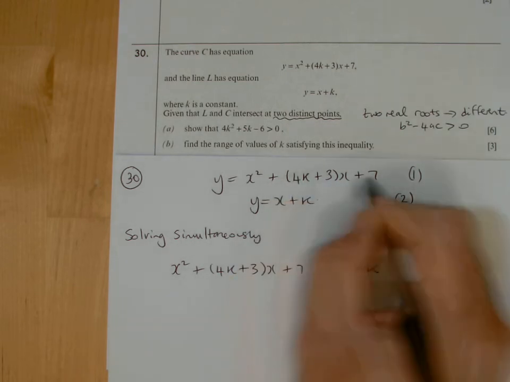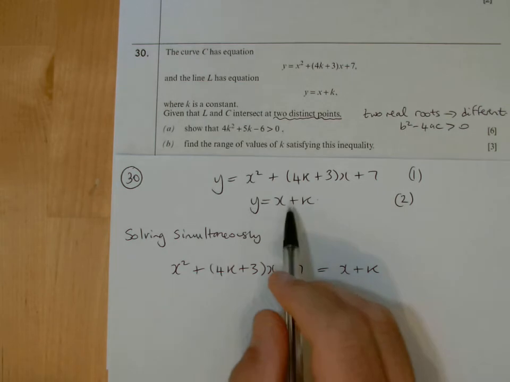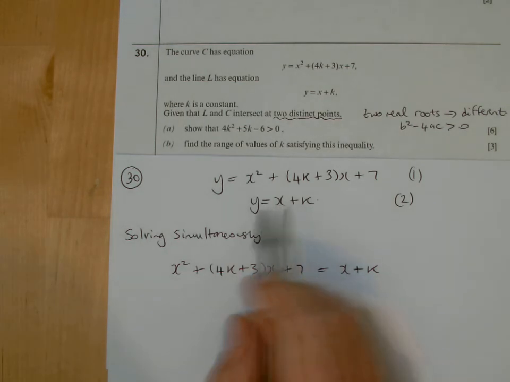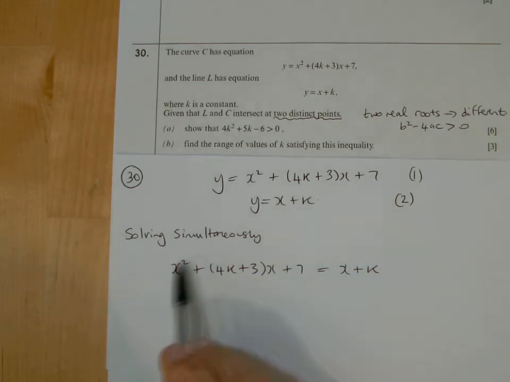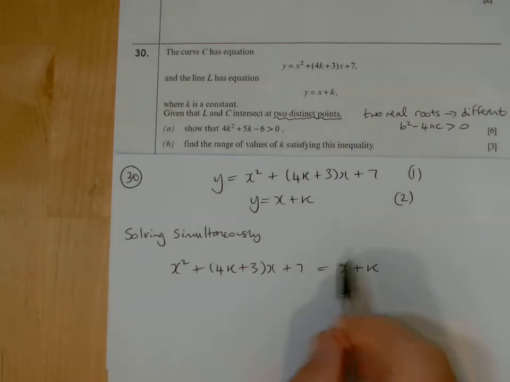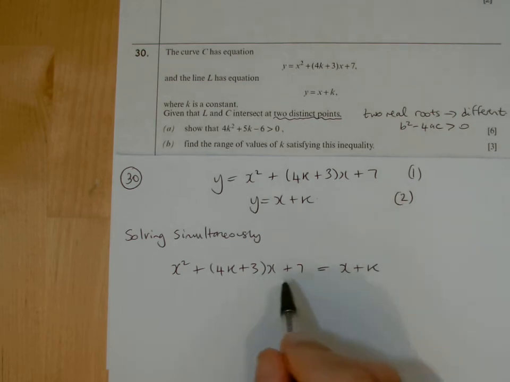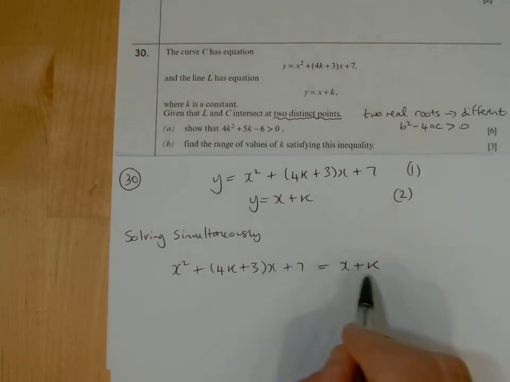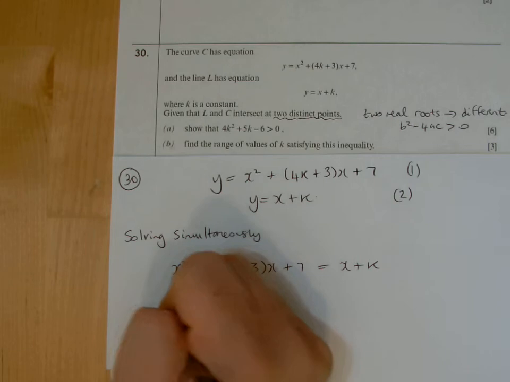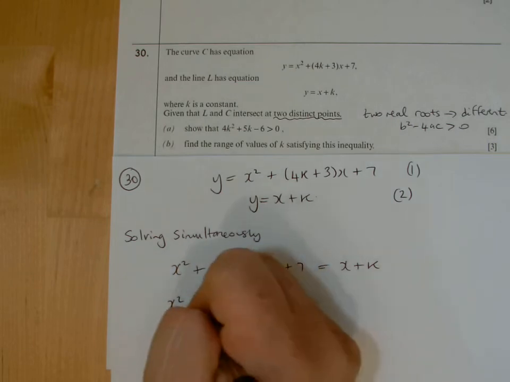So the value of y on the curve will equal the value of y on the line. I can say that this will equal x plus k, because the y's will be equal when they intersect. Well, we can get everything onto one side here.